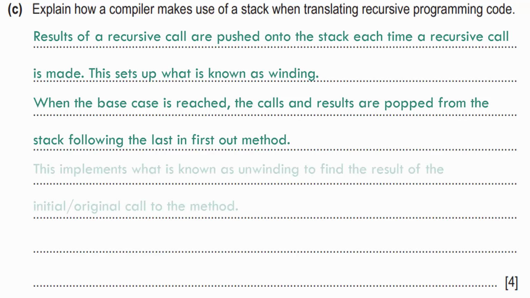So it's very important to understand that. Now this implements what is known as unwinding. Once you reach the base case, it's now time to unwind to find the result of the initial or original call to the method. Because in order to solve the original or initial call to the method, you have to work through the entire stack to get those preceding values to figure out what the original call was.